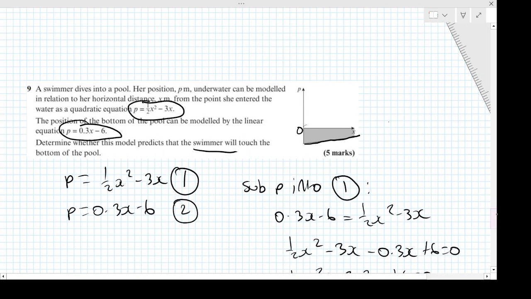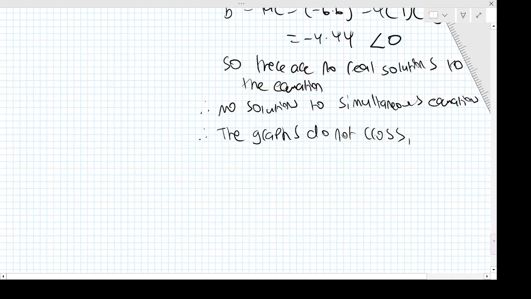Right, so remember these two graphs here. This is the first one, and this is the second graph here and here, right? Which means if they don't cross, well then, simply, the diver's position, which is given by the first equation here, never ever touches or crosses the bottom of the pool here, which means the swimmer will not touch the pool.